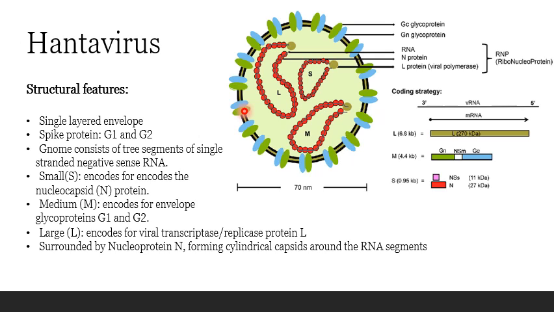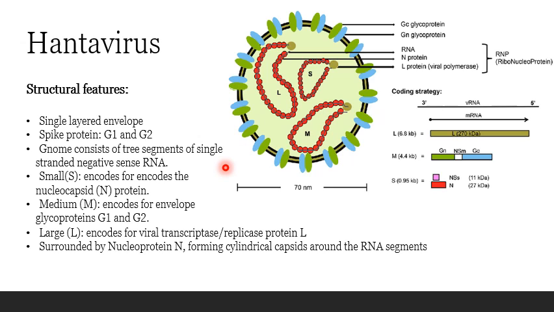The genome consists of 3 segments of single-stranded negative sense RNA, referred to as the L segment, the S segment, and the M segment, which basically just refers to their size. So L is the largest, M is the medium one, and S is the smallest.